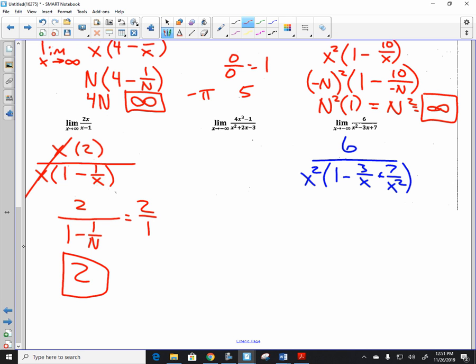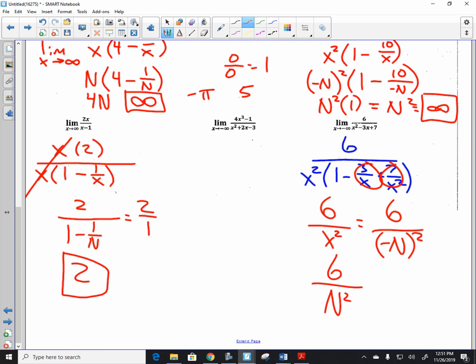Because it goes to 0. And so you notice you get 6 over x squared. What are we plugging in for x? A negative large number. So you end up with 6 over a very large number squared. 0.